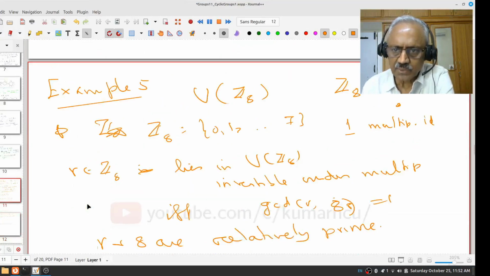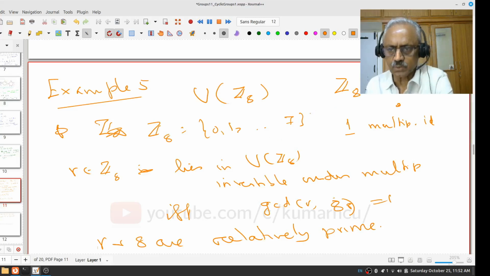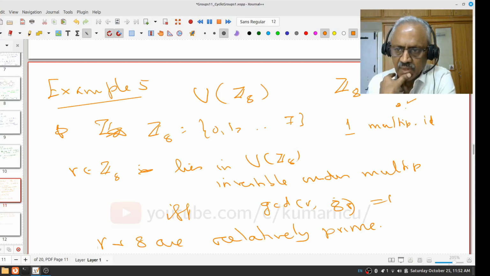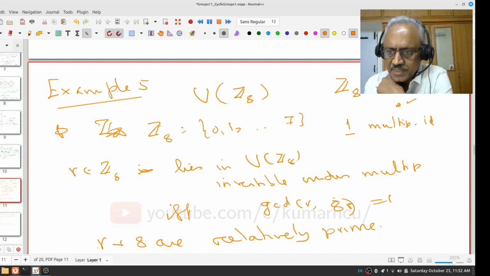So let us look at U8. Z8 has two binary operations, one is addition, the other is multiplication, and 1 is the multiplicative identity. U(Z8) stands for all the units, that means those elements r which have a multiplicative inverse.